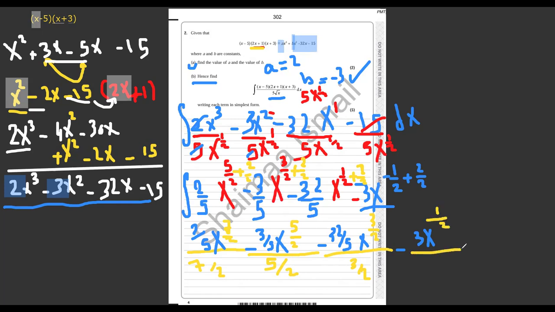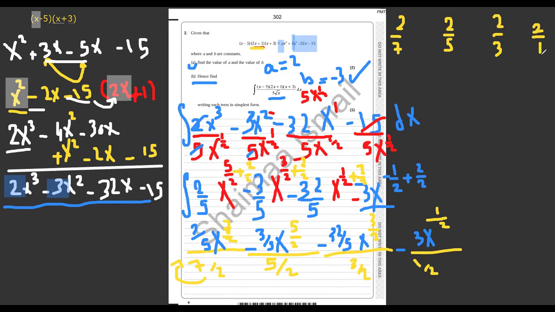And dividing by the same power, which is half. And now the step, we have to flip the denominator. So 7 over 2 will be 2 over 7, and 5 over 2 will be 2 over 5, and 3 over 2 will be 2 over 3, and half will be multiplied by 2 over 1.